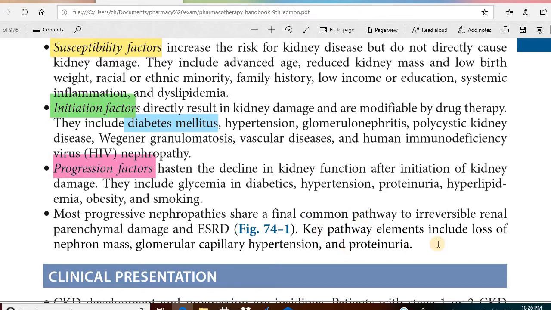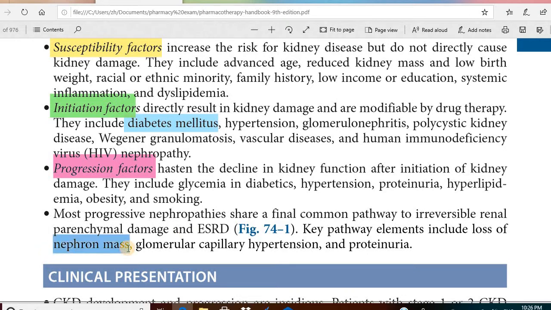So key pathway elements include loss of nephron mass, glomerular capillary hypertension, proteinuria. So they are saying about what kind of mechanisms are involved in ESRD. The common mechanisms are loss of nephron mass.